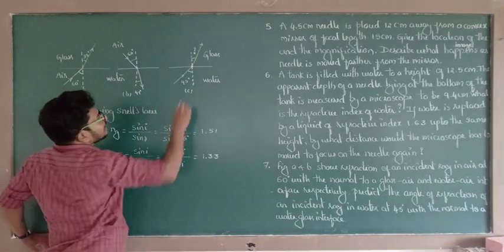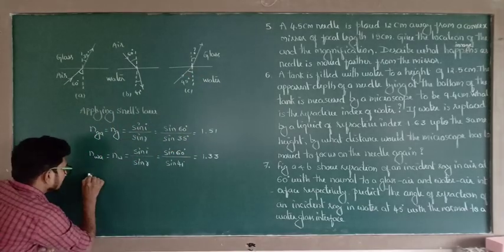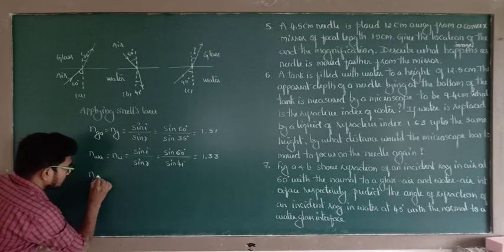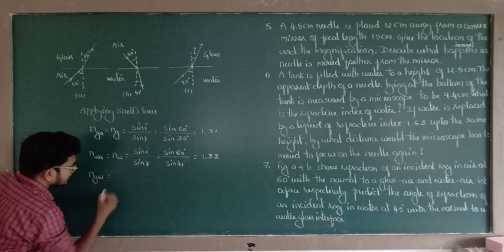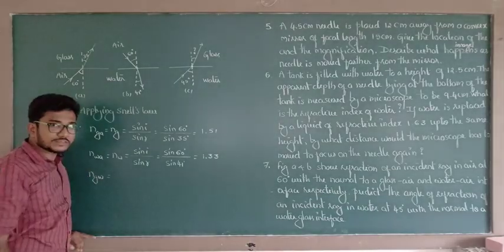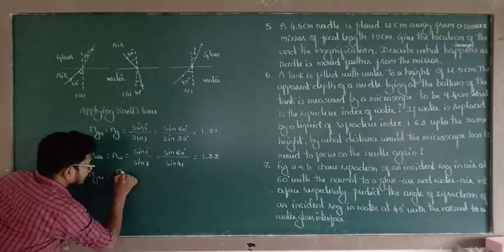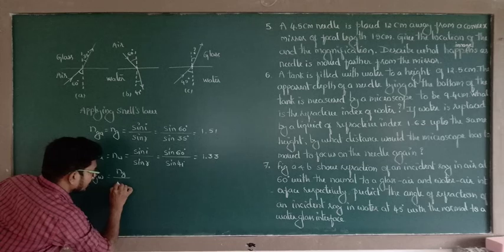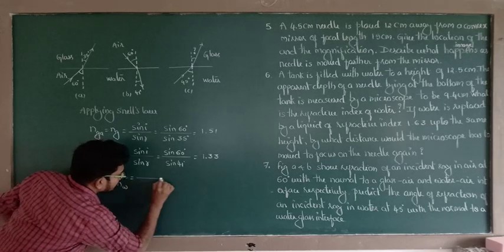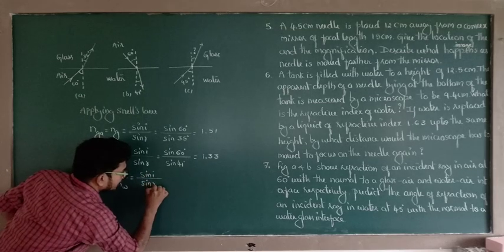Therefore, applying Snell's law at the point of incidence, the change in path of light occurs in glass with respect to water, NGW. We know the relation between relative refractive index and absolute refractive index. Therefore, we can write this as the absolute refractive index of glass divided by the absolute refractive index of water. This is equal to sin i divided by sin r.